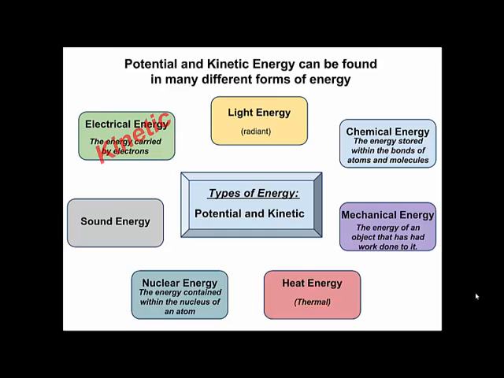In electrical energy, we have kinetic energy, because the electrons are moving. Light energy also has kinetic energy in it because, again, it's moving. Chemical energy has both kinetic energy and potential energy in it.